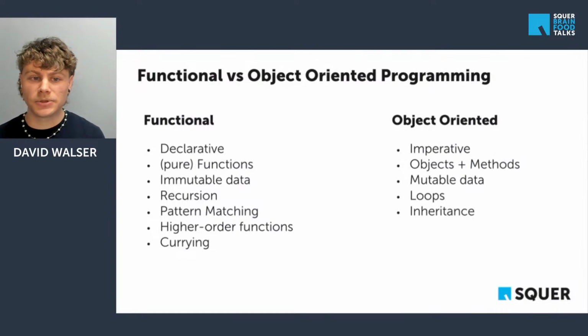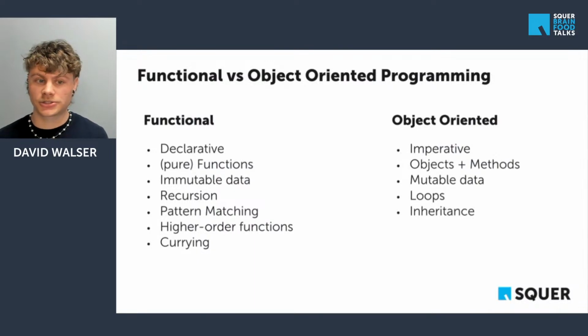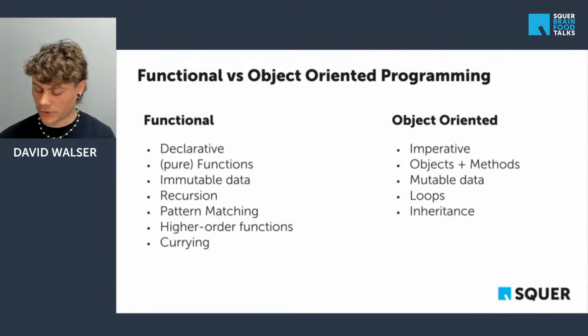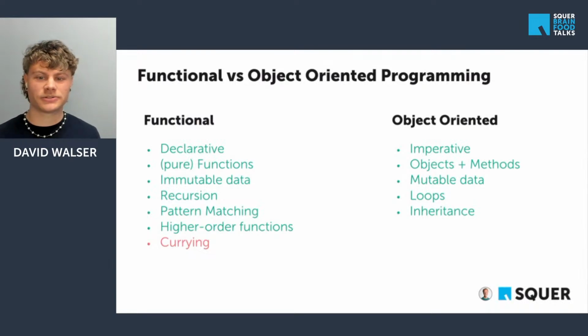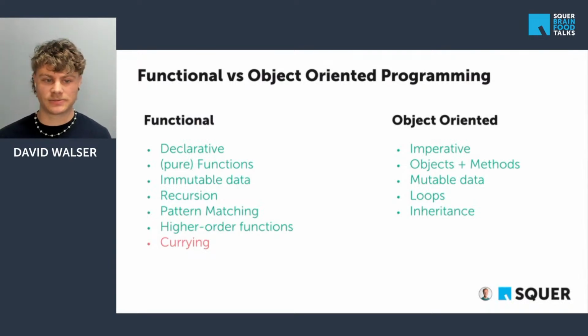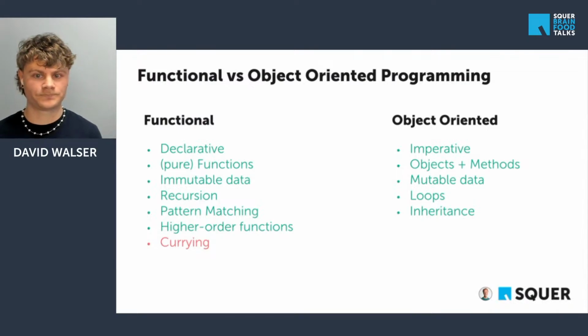We deal with immutable data, recursion, pattern matching, higher order functions, and currying. And just to now look at all those parameters, what is currently available in C# out of the box, we see everything except currying is right now available.